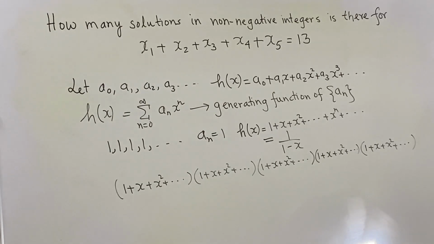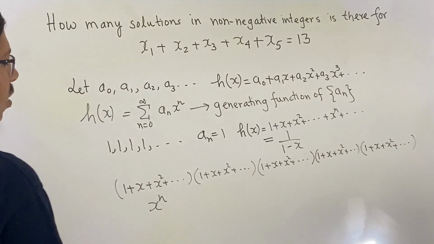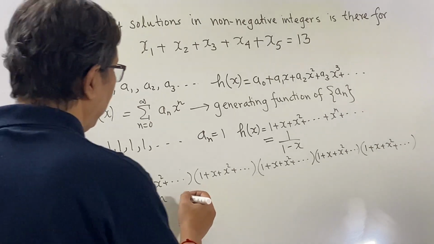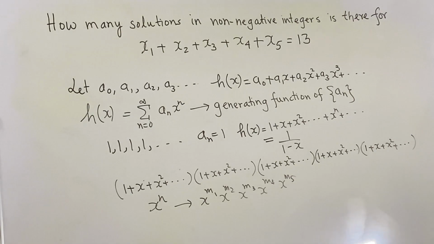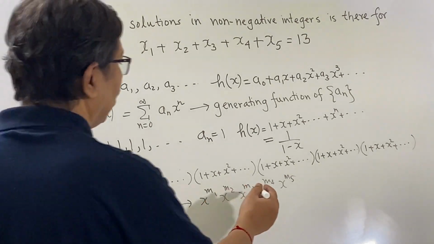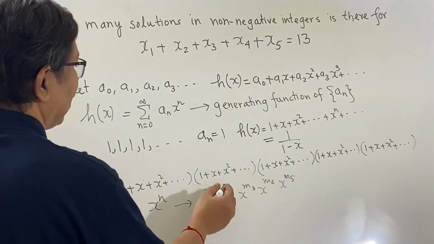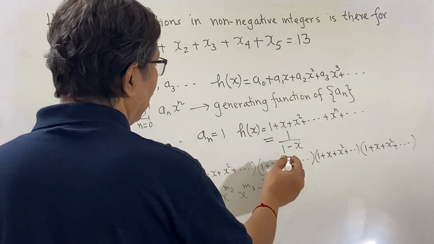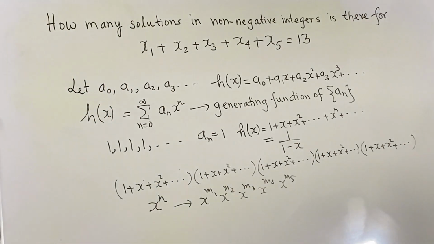progression. Now, consider this product of 5 terms, and suppose we are trying to write this in an expanded form. So, what is the power of x to the n in this expansion? x to the power n will be created by taking terms x^m1, x^m2, x^m3, x^m4, x^m5, where x^m1 comes from the first bracket, x^m2 comes from the second bracket, x^m3 comes from the third bracket, x^m4 comes from the fourth bracket, and x^m5 comes from the fifth bracket.